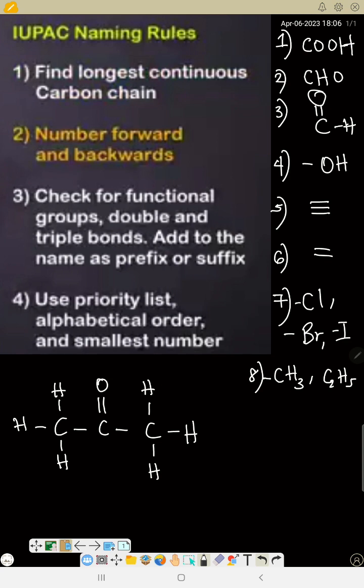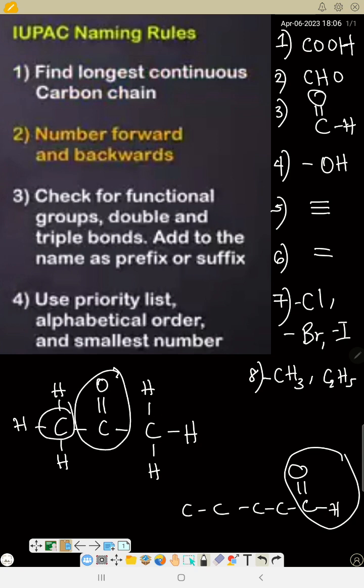Now look at this structure and the previous one. See the previous one. You will notice that the O is here at the last end, but look at it here.